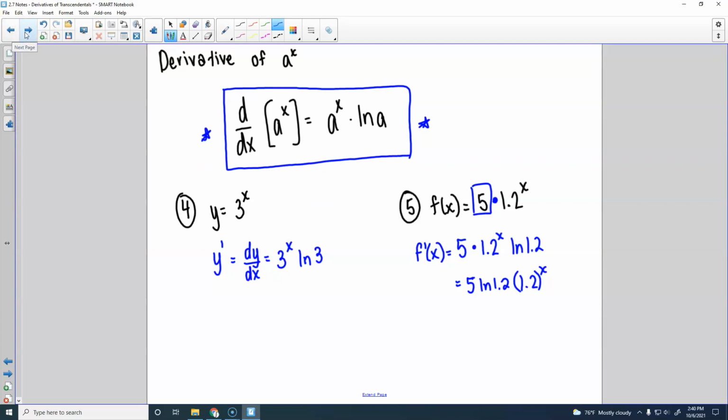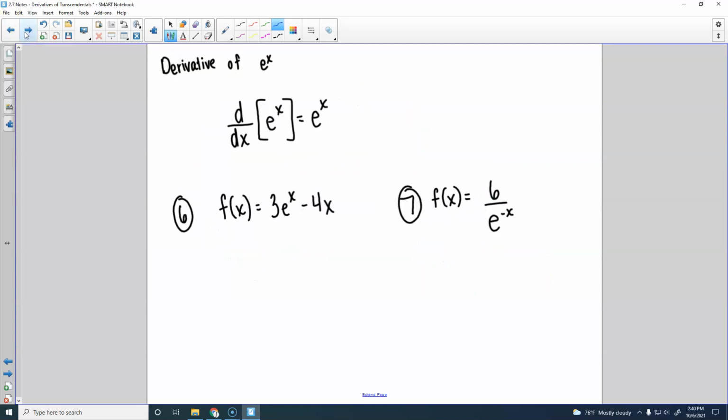Right? So there's one that's even easier. The derivative of e to the x is super cool because it is e to the x. It is itself. If we think about our rule that we just had, the derivative of a to the x equals a to the x natural log of a.